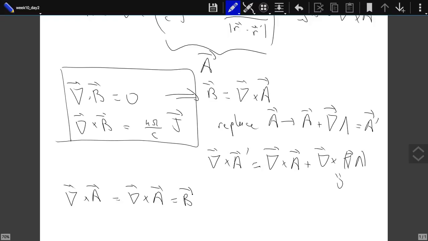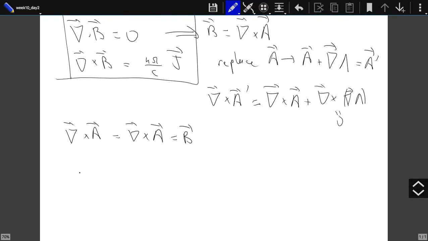This is a freedom we can use, just like in electrostatics, where we had the freedom of choosing the value of the potential at a given point. We usually chose that point to be at infinity with the potential there being 0. Here we have the freedom of adding to our vector potential the gradient of any function.